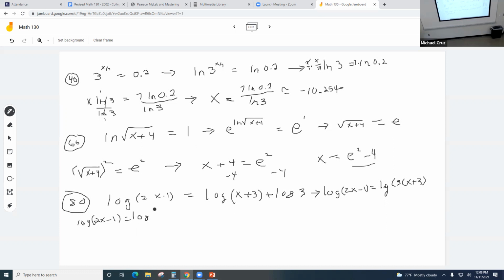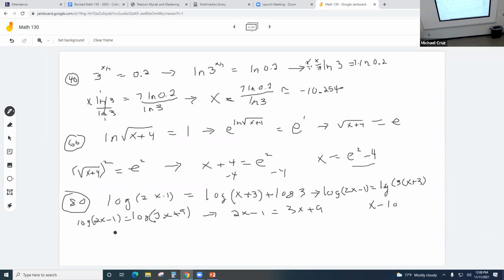Distribute: 3x plus 9. All right, so now we're using that one-to-one property, so that we can simply solve 2x minus 1 is equal to 3x plus 9. If you go through and solve it real quick, you get x is equal to negative 10.